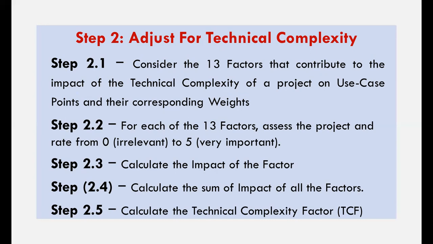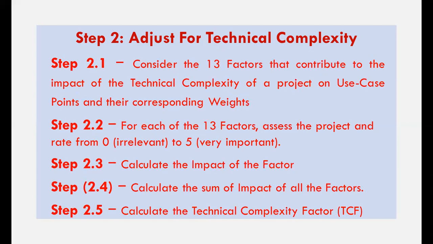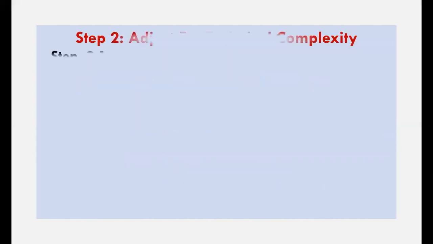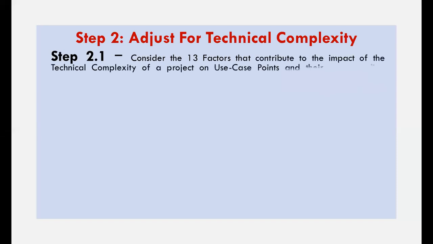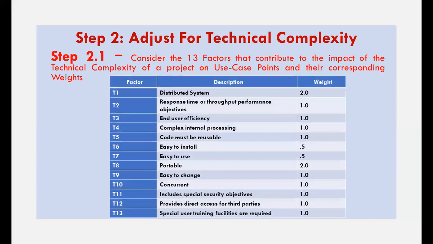Coming to step 2.1, we need to consider the 13 factors that contribute to the impact of the technical complexity of the project on use case points and their corresponding weights, as shown in the table. Each factor is weighted according to its relative impact: a weight of 0 indicates that the factor is irrelevant, and a value of 5 means that the factor has the most impact.